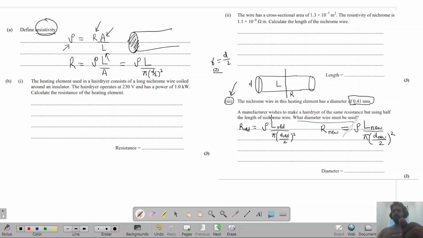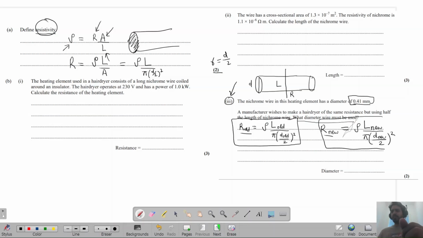Now the basic requirement of the question is that we want the resistance to remain constant, right? We want the old resistance and the new resistance to be exactly the same. So we know that R old must be equal to R new. That means we can set these two equations equal to each other.